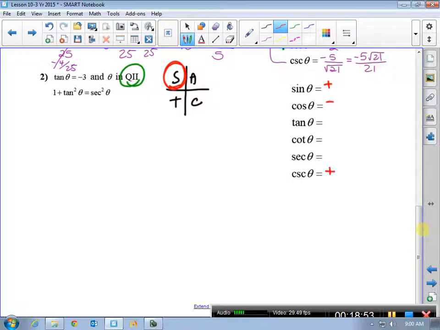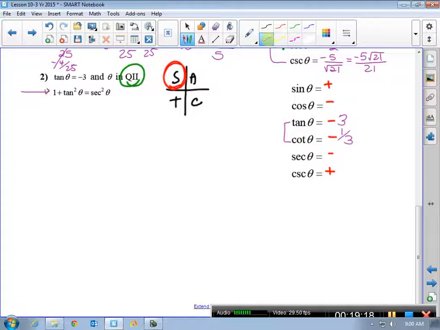I've had students that just like to do that right at the beginning so they know what's positive and what's negative. That's okay. They gave us tangent is -3. We know cotangent flips it, so we've got 2 of our 6 already done. -1/3 is cotangent.